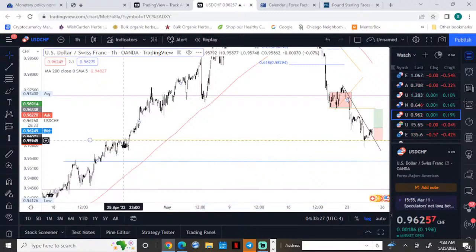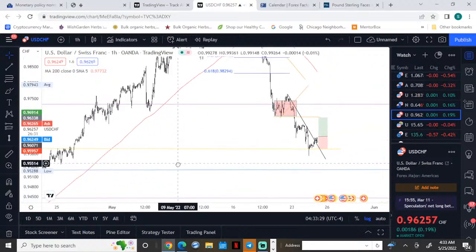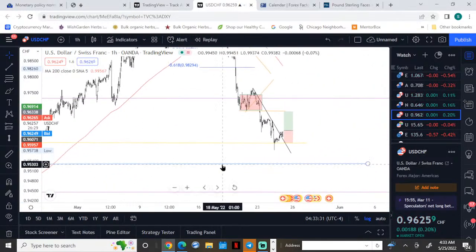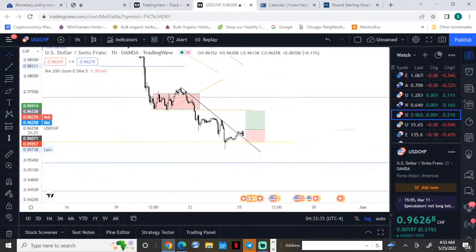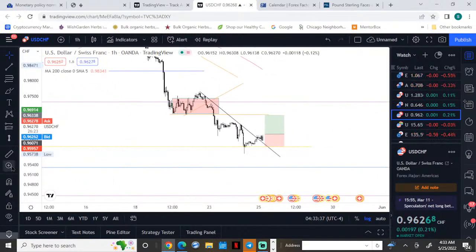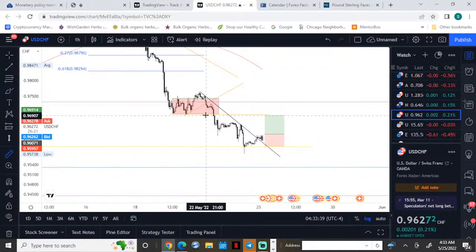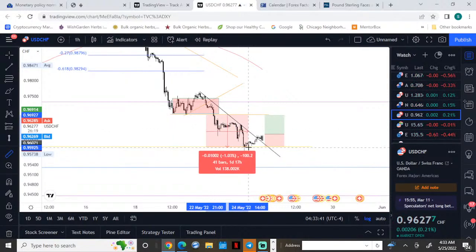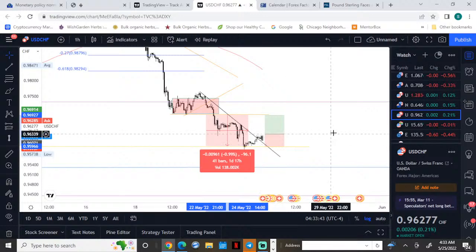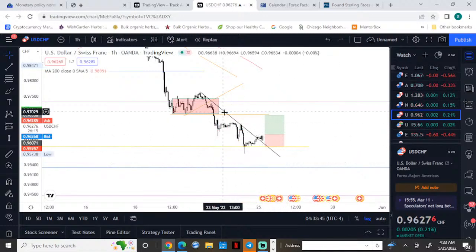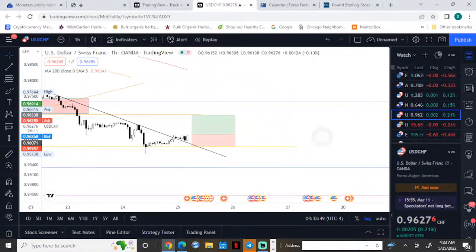We got 3 touches over here, so that should have been marked. I don't know why it wasn't. Price broke out and dropped to this next zone perfectly, that 100 pips, and it never retested it. So yeah, that would be a nice trade.